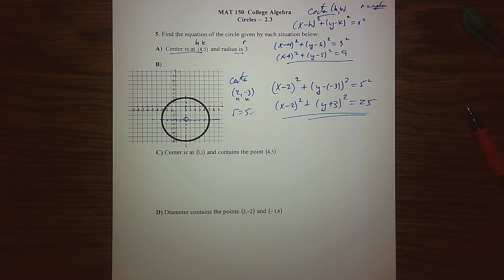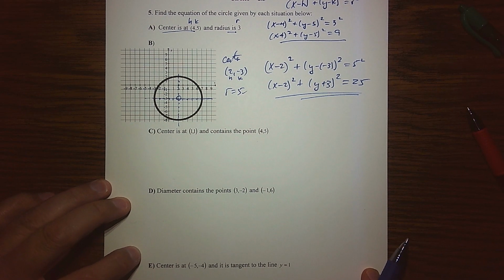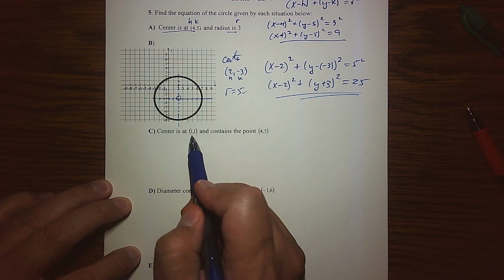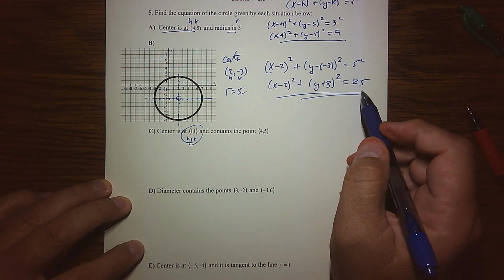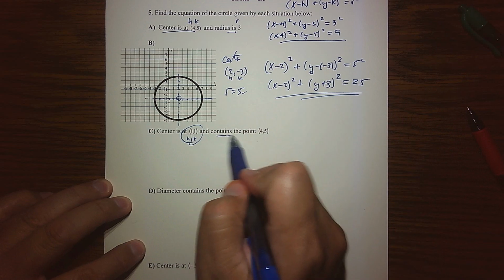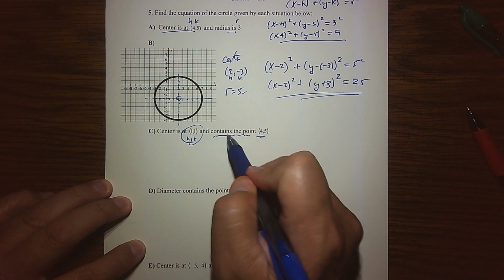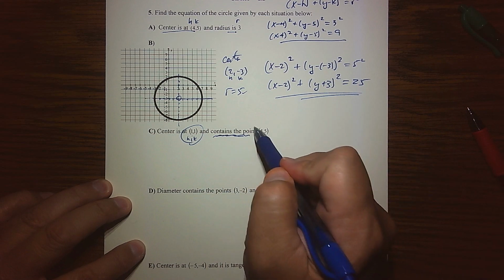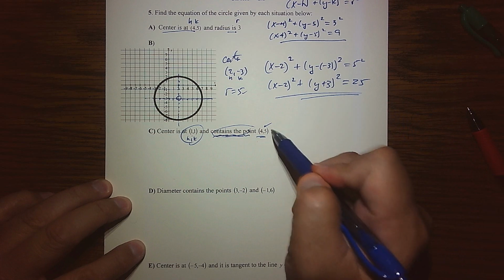So the next one, we're going to find the equation of a circle that has a center at (1, 1). They actually gave me h and k, so h is 1 and k is 1, but it contains the point (4, 5). What does it mean to contain the point? That's just another buzzword for a solution point, a point on the edge.